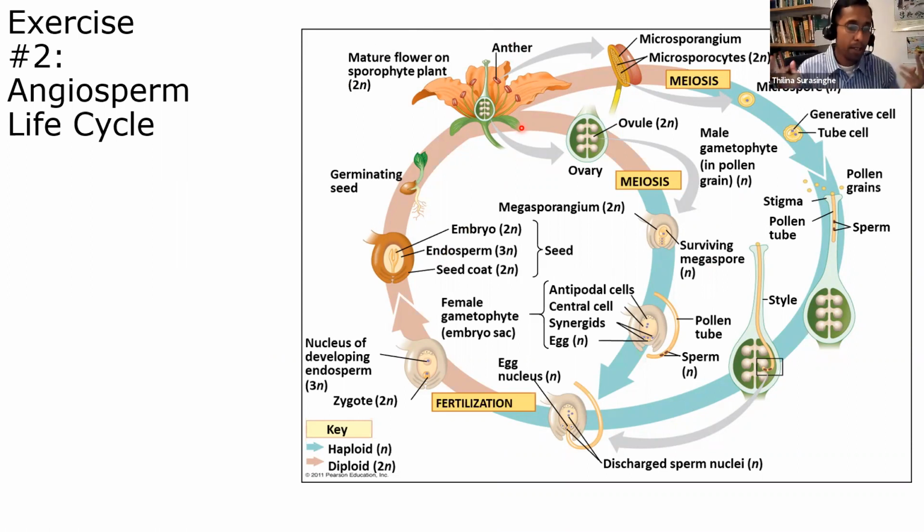Sometimes you have both male and female flowers on the same plant. Sometimes you have male and female plants on different trees. And sometimes male and female flowers appear at different times. So remember that. We mentioned similar things in gymnosperms. The same applies to angiosperms.